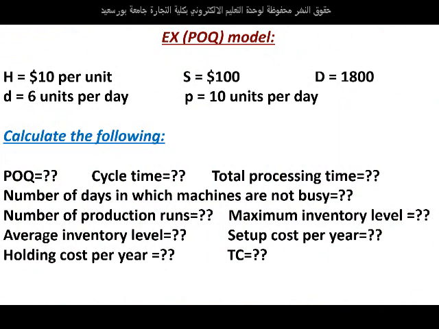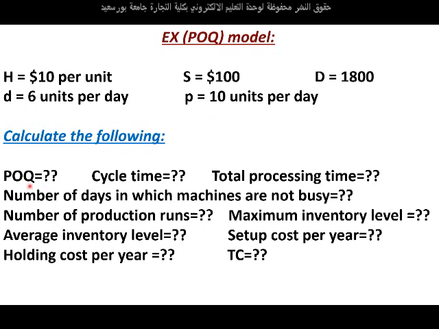This is an exercise. If you have H equal 10, S 100, D 1800, d 6 units per day, P production per day 10 units.